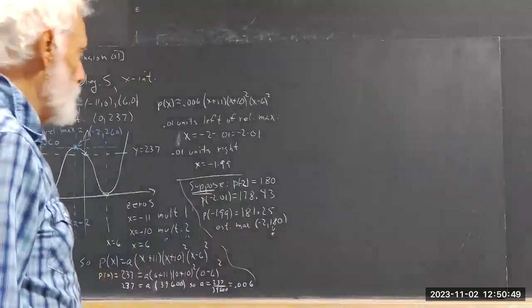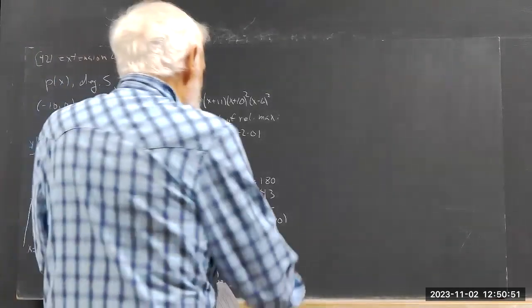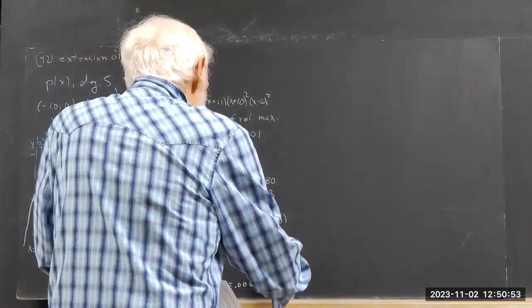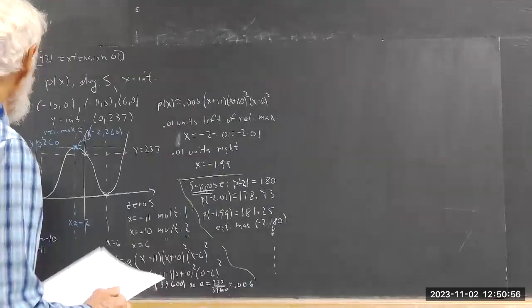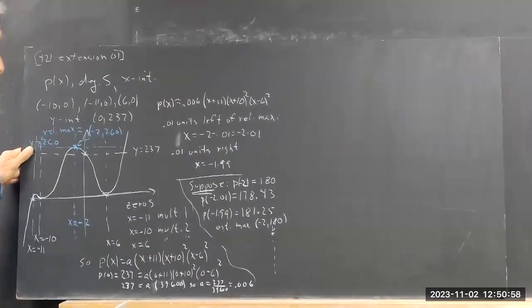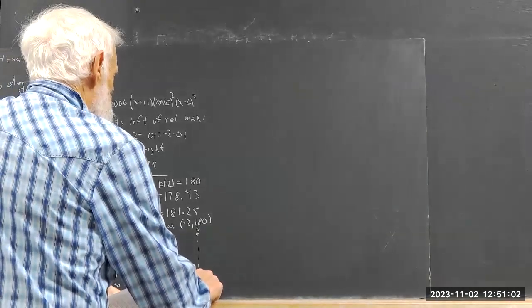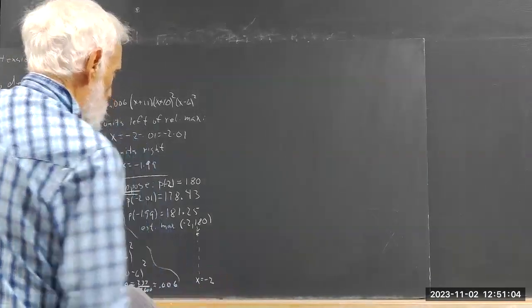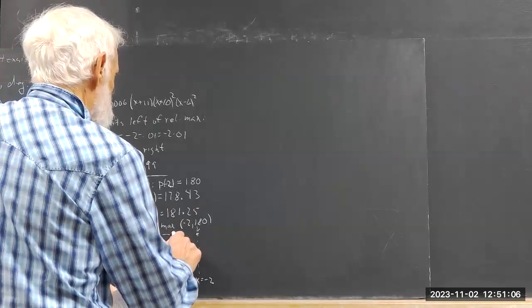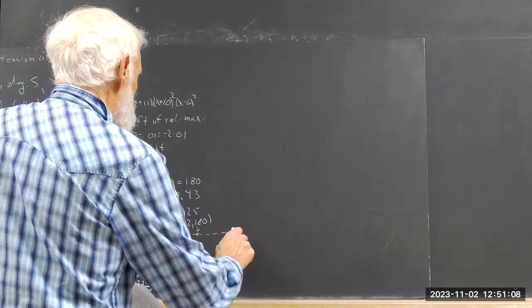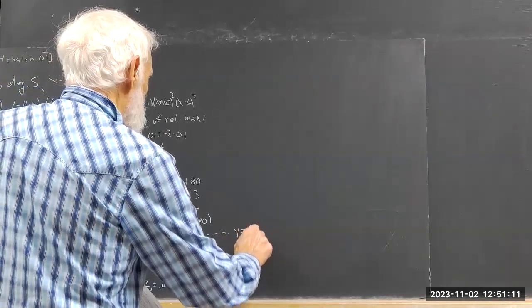Estimated max. So I can draw the vertical line that I like to draw. This is x equals -2. And this is the line y equals 180.